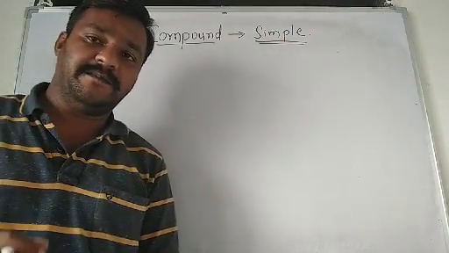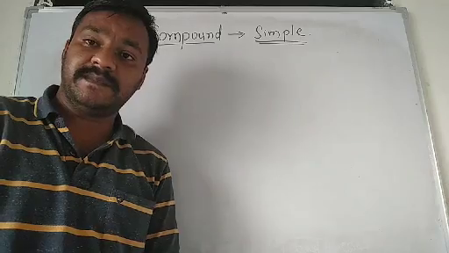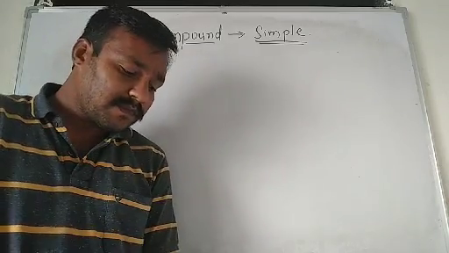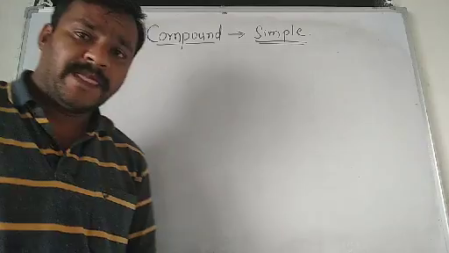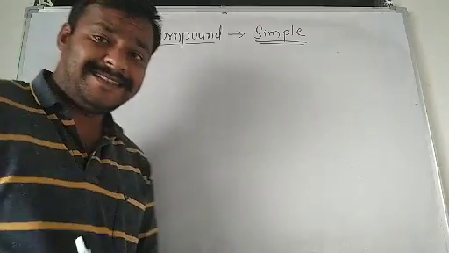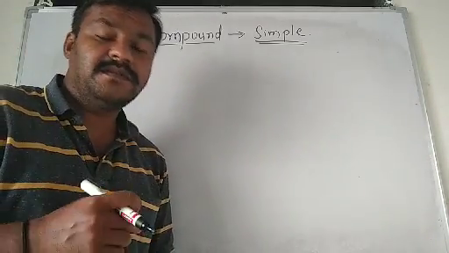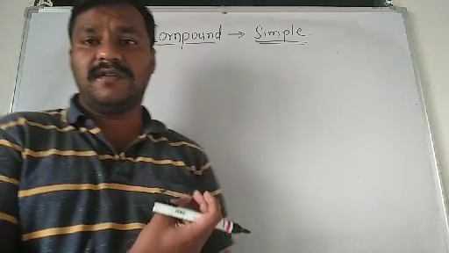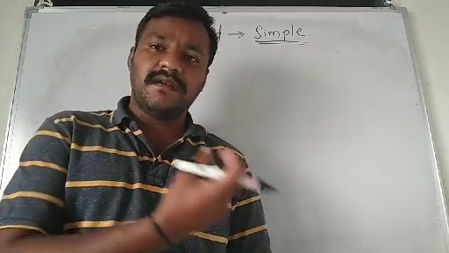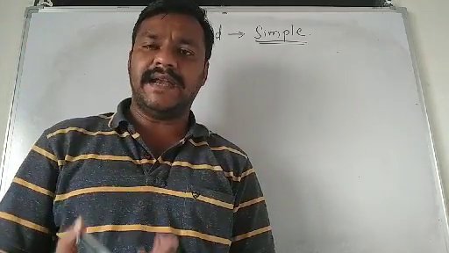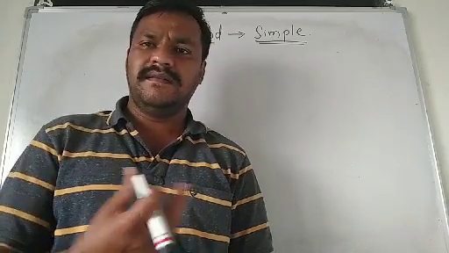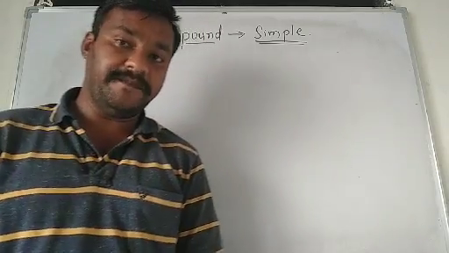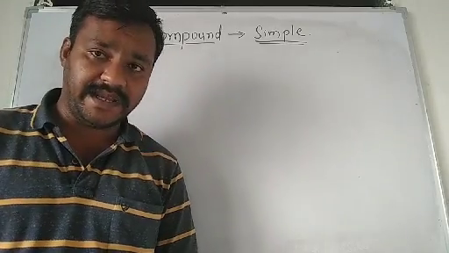This kind of transformation of sentences we will discuss in today's session. As I told you, a compound sentence has two main clauses, and those main clauses are connected with a coordinating conjunction like and, but, or. We have already discussed coordinating conjunctions, so I will not waste more time explaining that again and again.